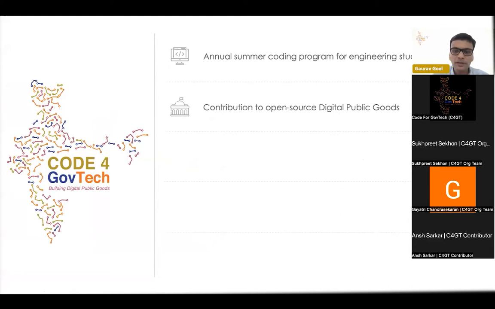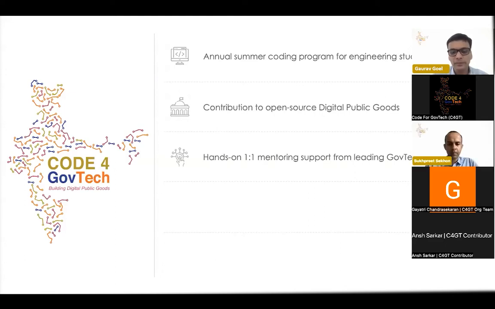During this period, the contributors get very close hands-on mentoring from these mentors, from these practitioners, and in the process, we make sure that they get exposure to GovTech leaders in the country. So this entire exercise, for about two to three months every year, is meant to provide very real exposure and experience to the engineering students towards the GovTech space. That's how this works year on year.